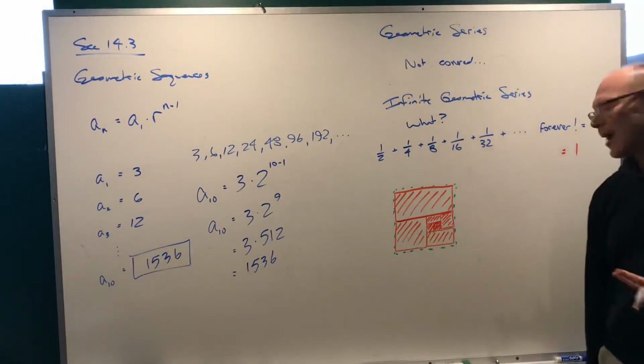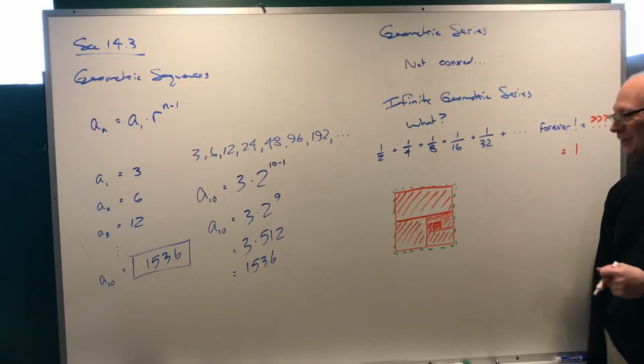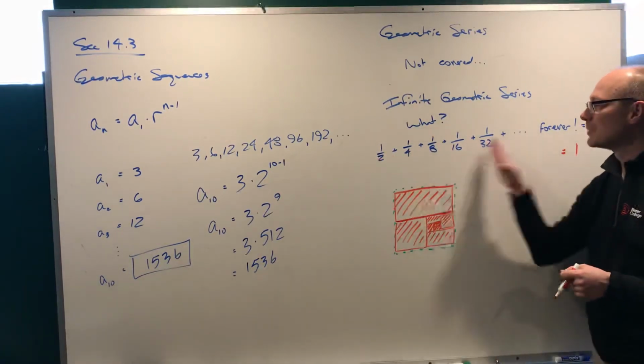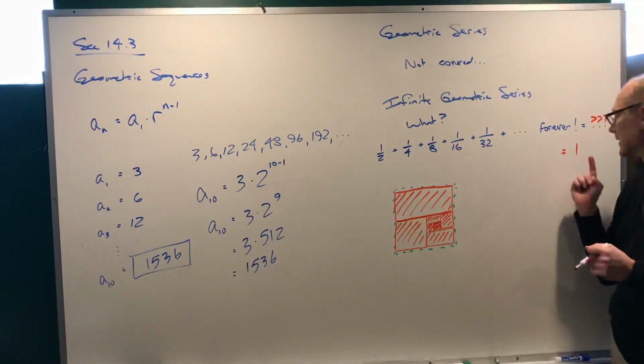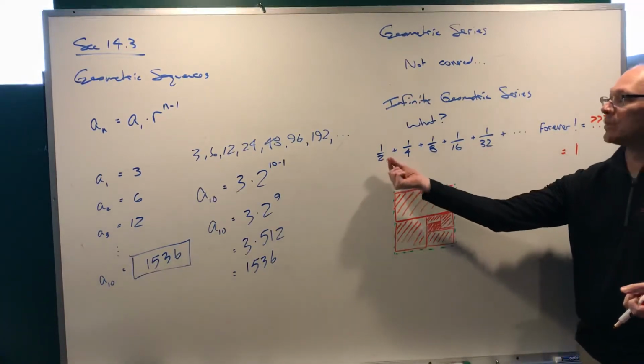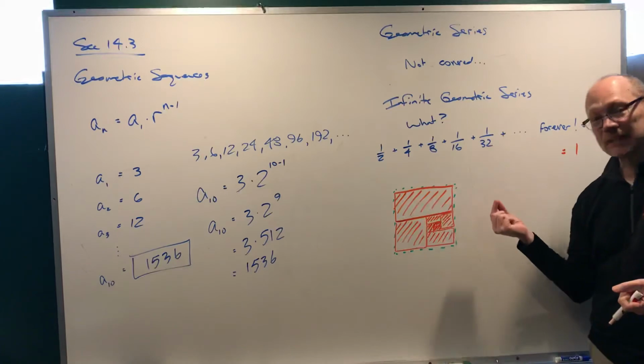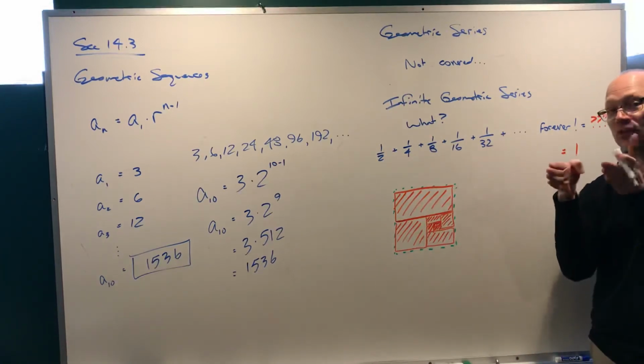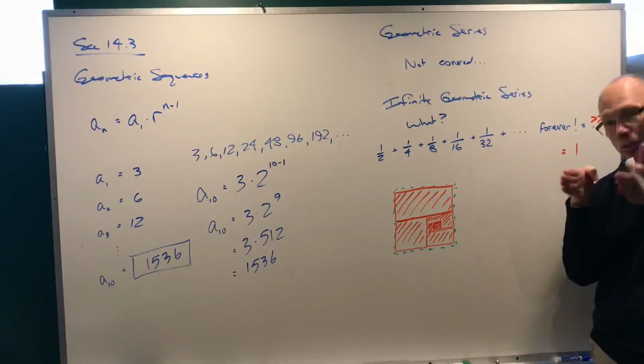Right? Wow! That's just the coolest thing. You can actually take an infinite number of numbers, add them together, and get 1. Now, that only works if your numbers are going down, if you are multiplying by a number between 0 and 1.